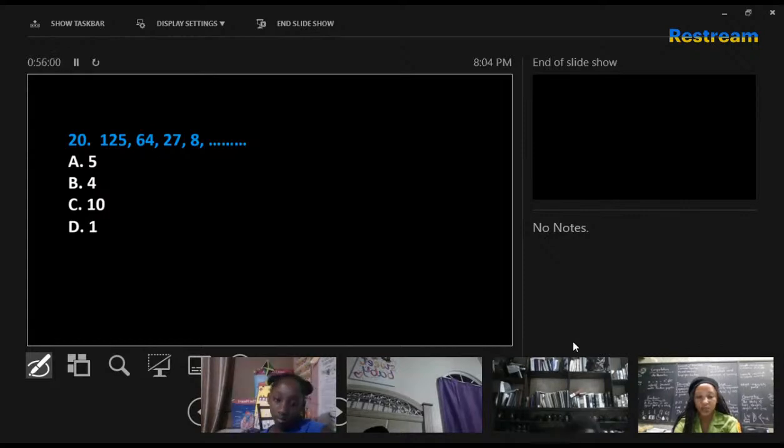And 8 is 2 cubed. So the next one in the sequence will be 1 cubed, 1 times 1 times 1, which is 1. That's how we get 1 as the next number in the sequence.